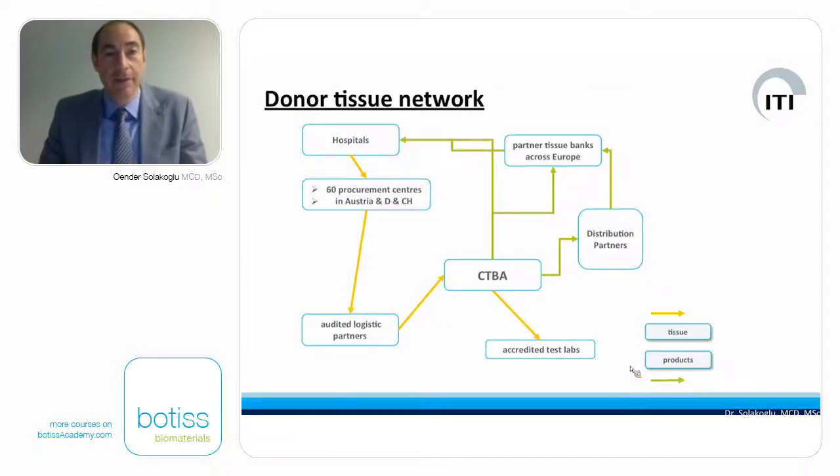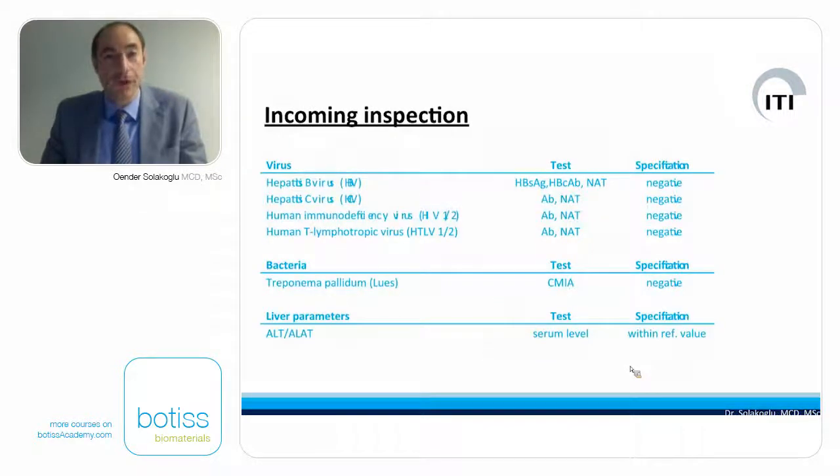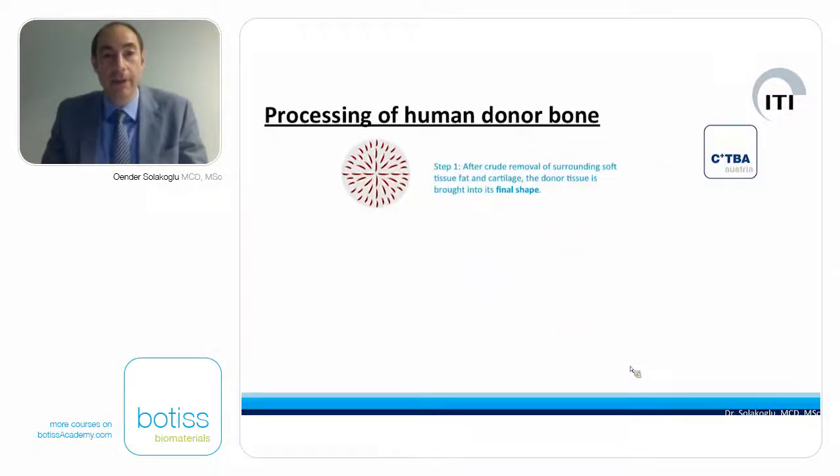So this is basically the overview of the donor tissue network, which is done here in Europe. And basically all the materials of this particular technique, of this allograft bone, are from living donors. And this is some of the tests, some of the incoming inspections.